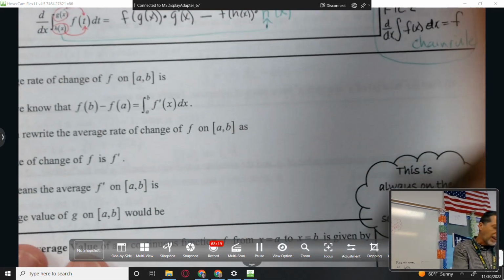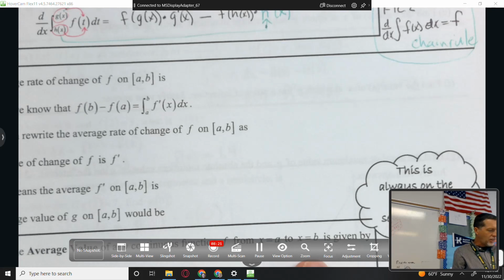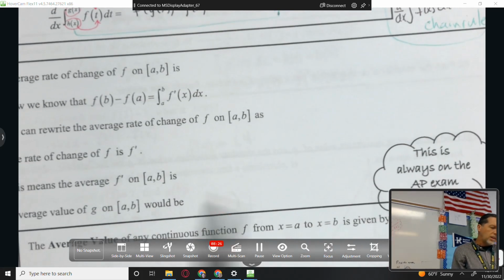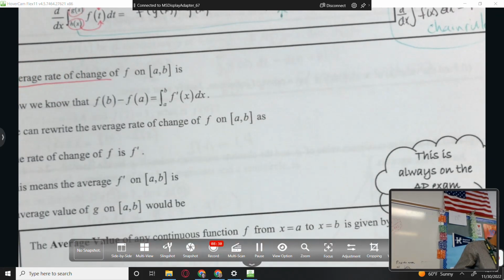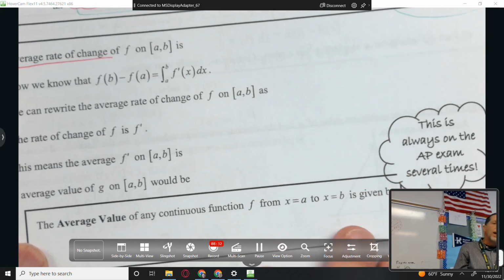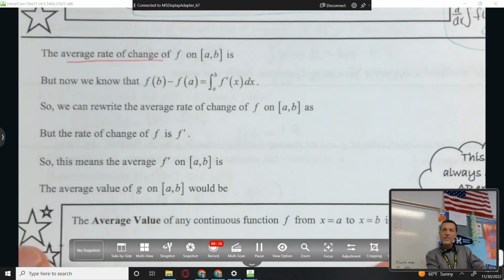Okay, the second thing, and really the last new thing of the unit, is average rate of change. Yes, A-Rock.